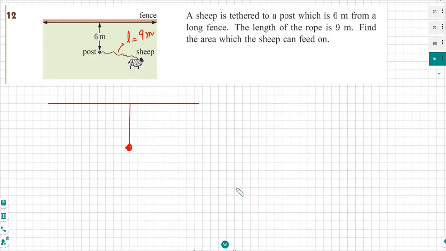It can move away from the post, so the total length must be 9 meters. The maximum length will be this, 9 meters long, right?